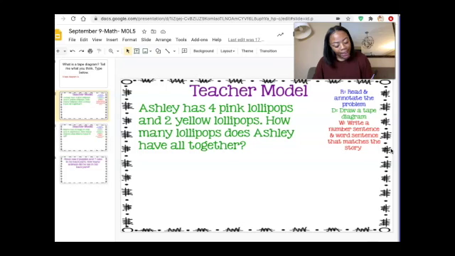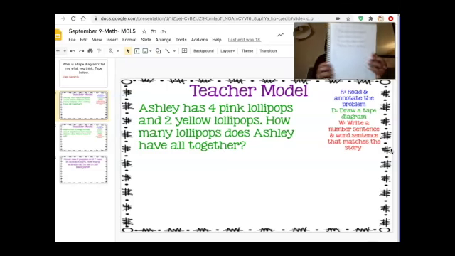How many lollipops does Ashley have all together? Question mark. Don't worry about writing this problem down because you are just watching me, so you'll know how to do it next. So your paper should look something like this. I have my word problem.